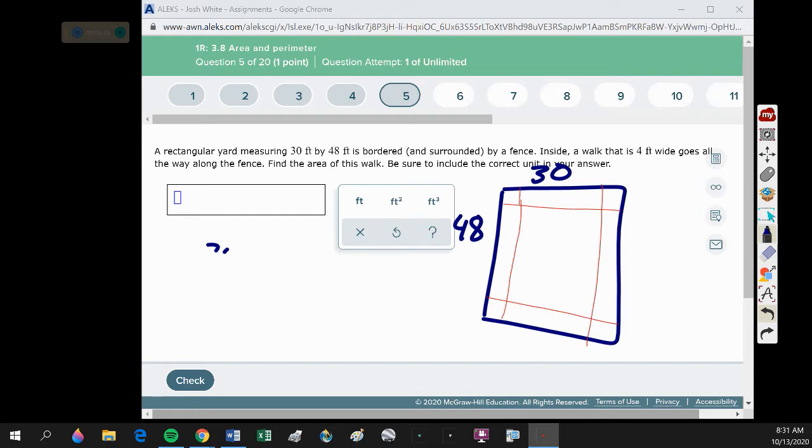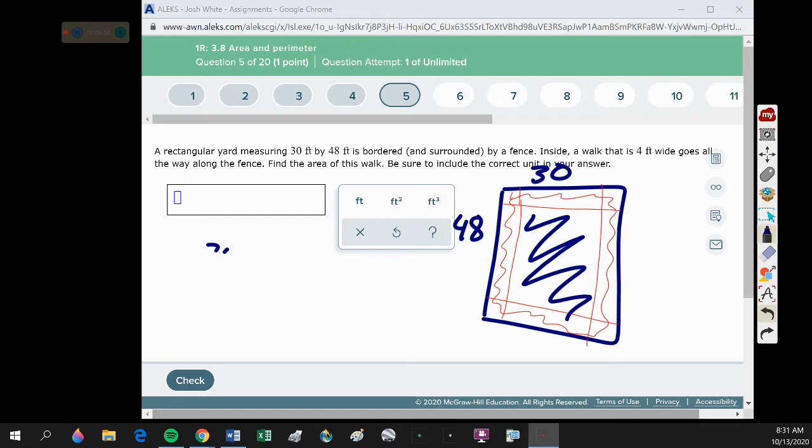Okay. So what area does it want? Does it want this area or this area? Well, read the problem. It tells you. It wants the area of the walkway. Okay, so that red area.